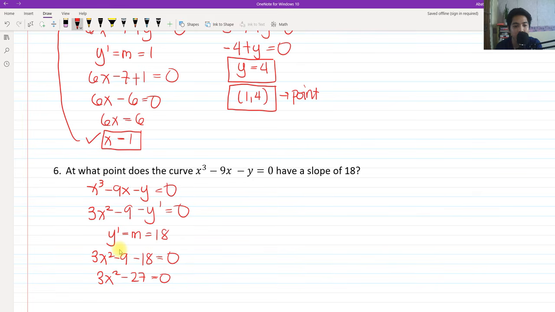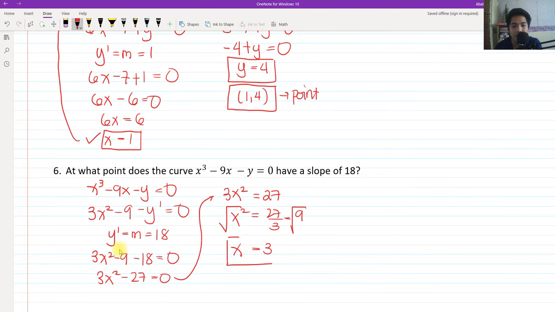And then what are we going to do? We are going to get the value of x. So we have 3x squared equals 27, so x squared is 27 divided by 3, which equals 9. Getting the square root of both sides of the equation, x would be equal to 3. So our x is 3.